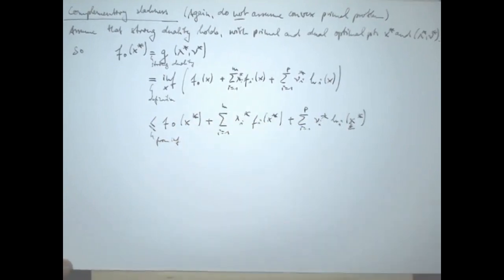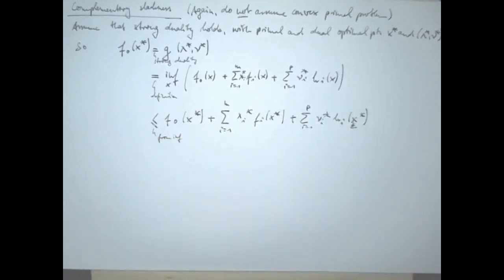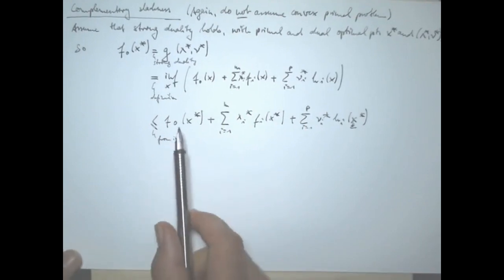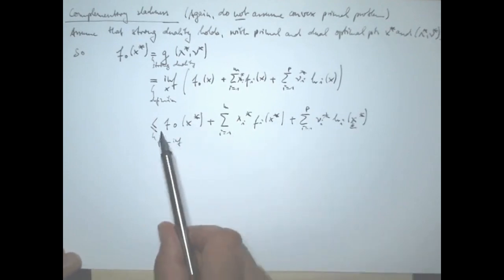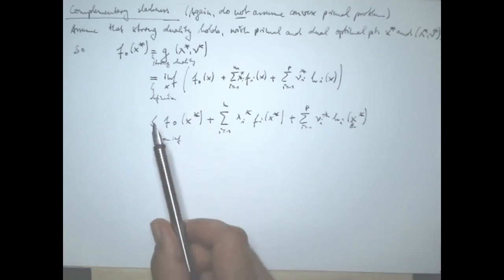This comes from the property of the infimum, which means that no matter what value x star I insert, this must hold. The infimum must be at least as low.